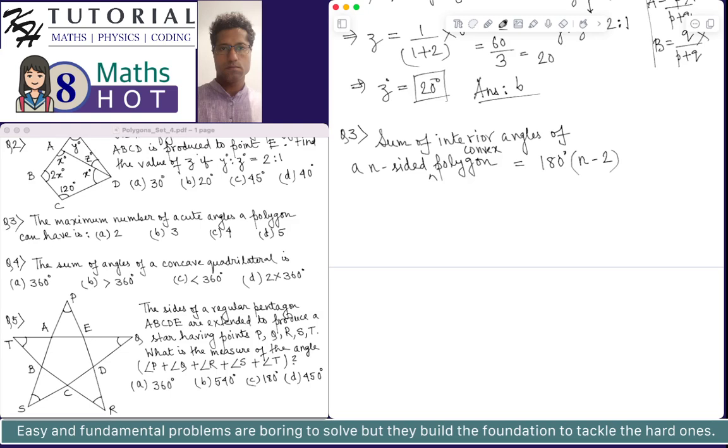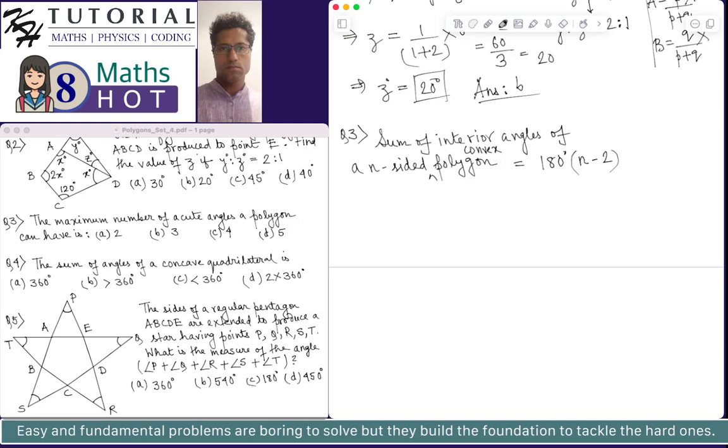The maximum number of acute angles a polygon can have is... maximum number of acute angles. Now, the polygon with the least number of sides is a triangle.